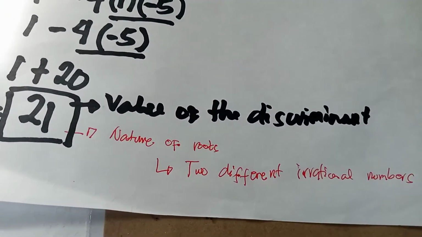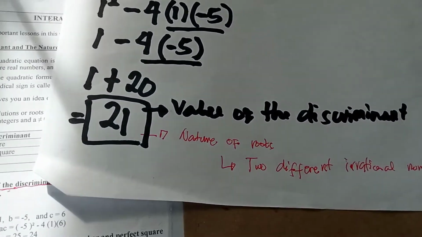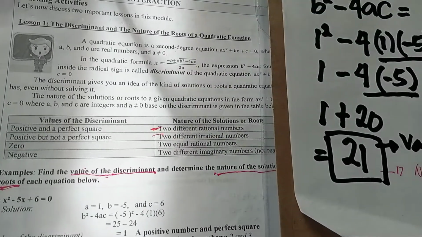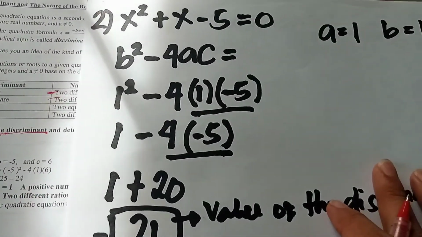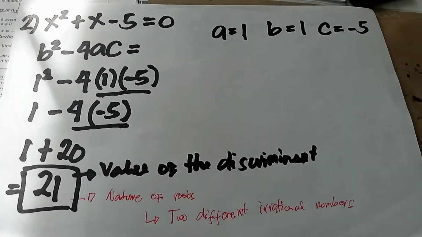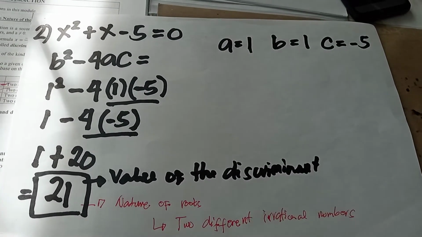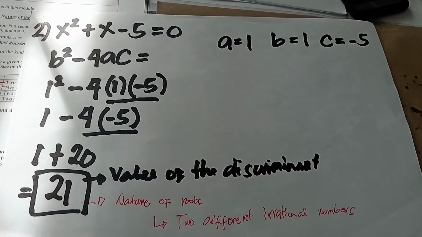So we drop the word solution, and I will directly write nature of roots. That is our example number 2.